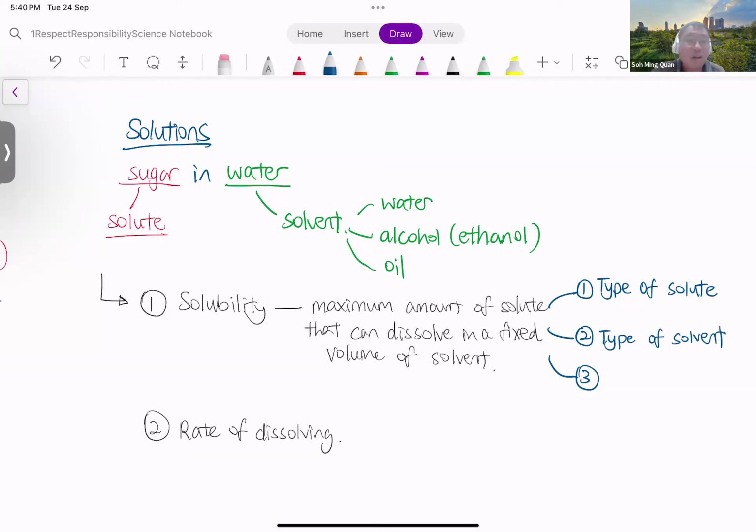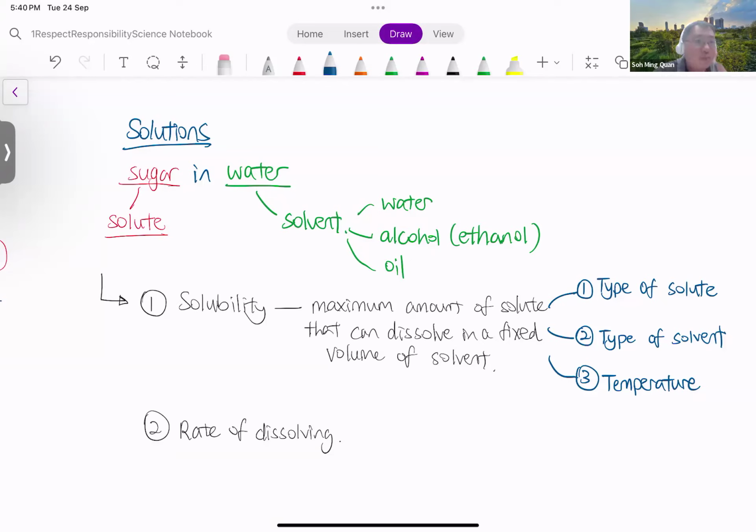Whether you have used water, alcohol, or oil will make a difference to the solubility. Sugar dissolves in water, but sugar doesn't dissolve in oil. So the solubility of sugar in water is higher than the solubility of sugar in oil. And finally, temperature. Generally speaking, but not always, the higher the temperature, the higher the solubility. Okay? So these are the three factors which affect solubility.